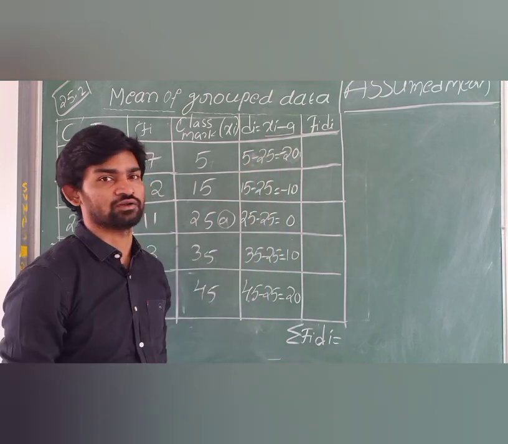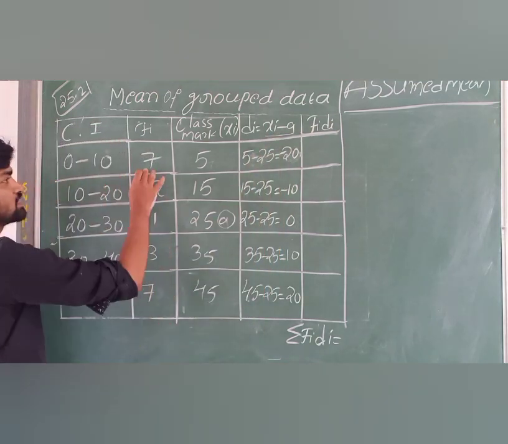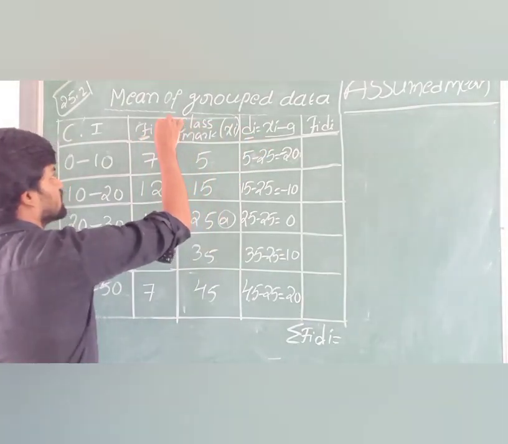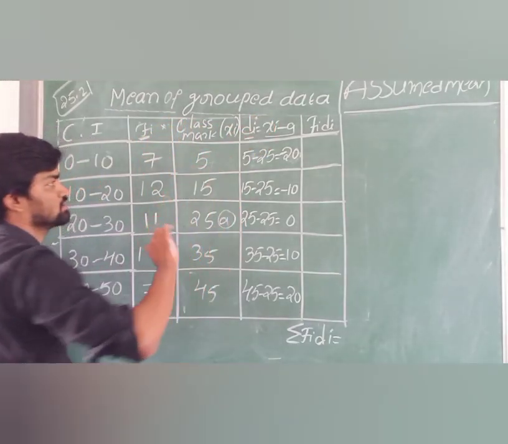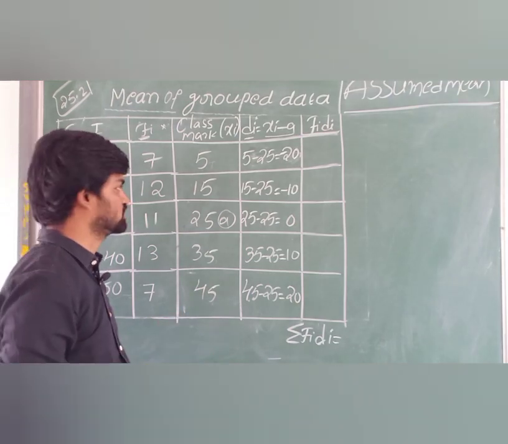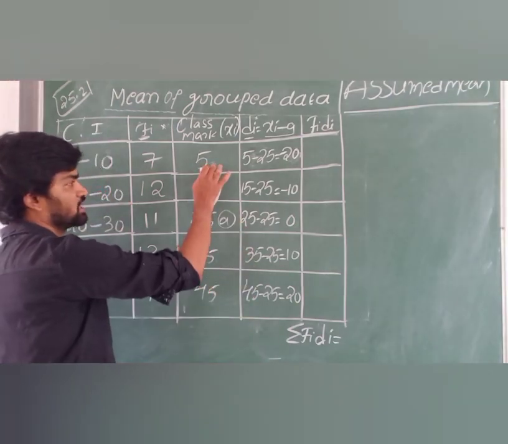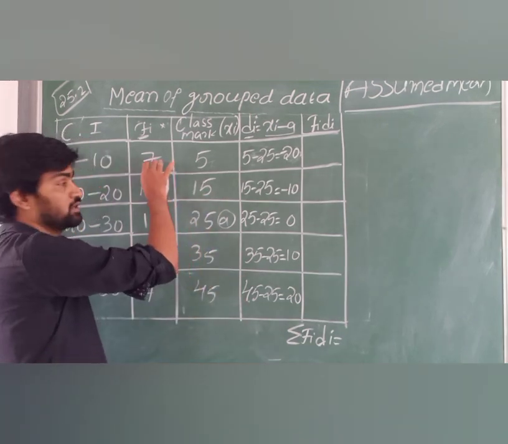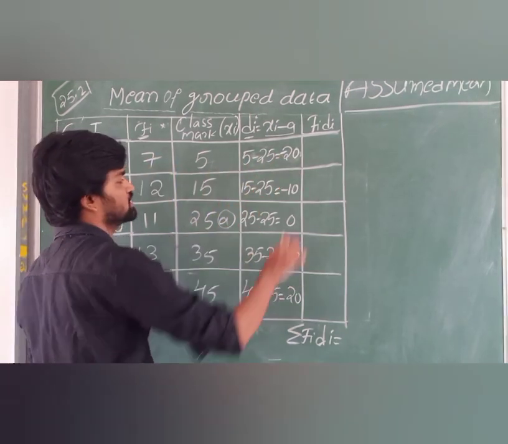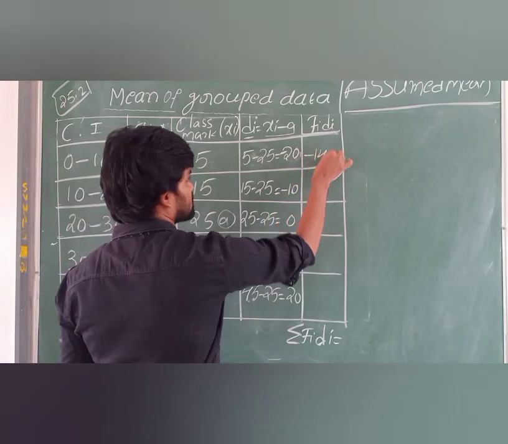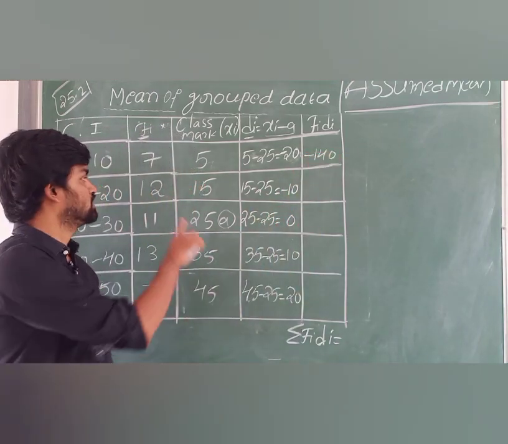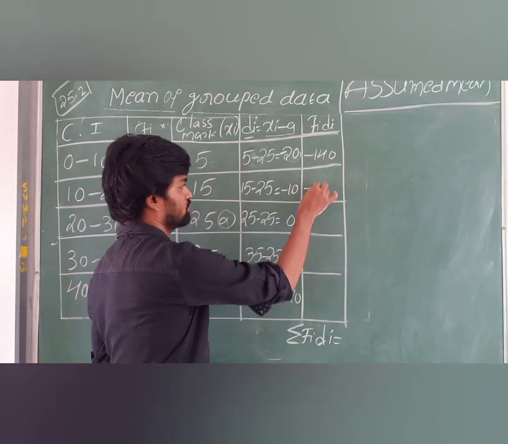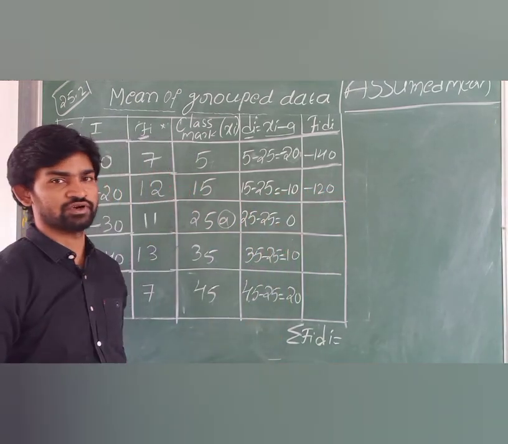See next. Fi into di column. Where is Fi? Here. Where is di column? Here. So Fi into di. You can mark with a pencil like this, so that you will not get confused. Most of the students will get confused. They will multiply with xi. Be careful. Multiply with Fi. So 7 into minus 20 is minus 140. 12 into minus 10 is minus 120.